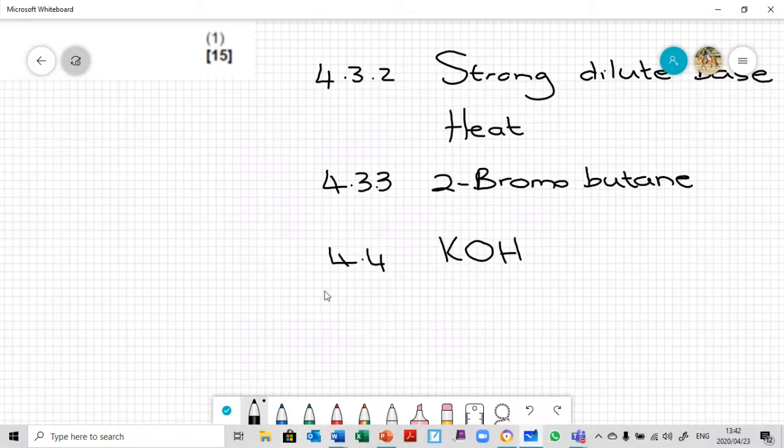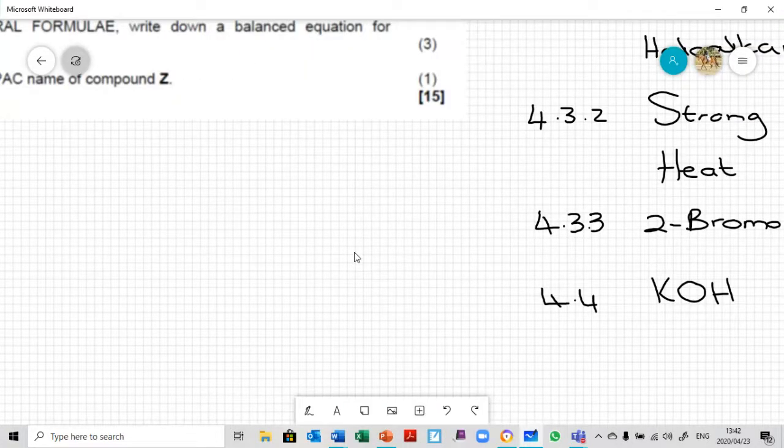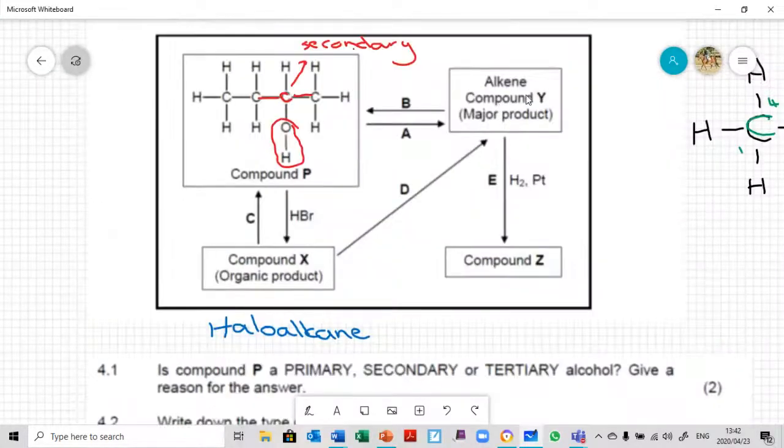Next up, the structural formula, the balanced equation for E. E is an alkene, and I put H's on there.